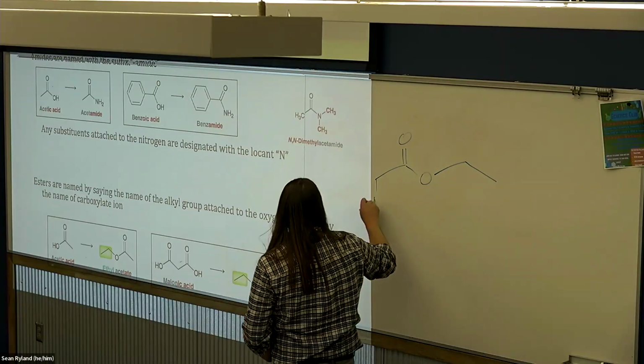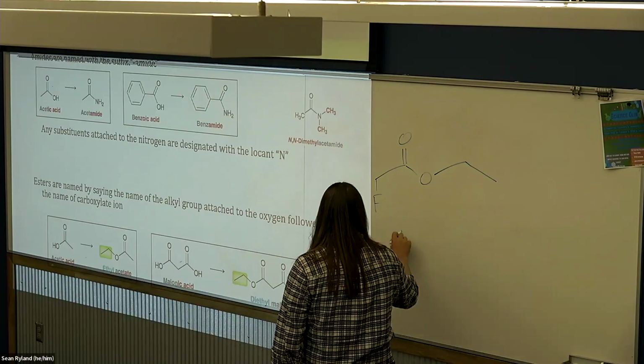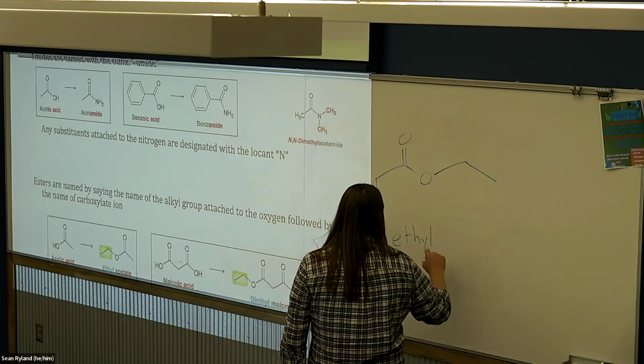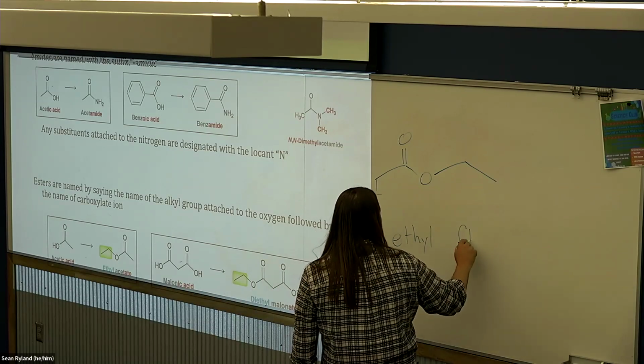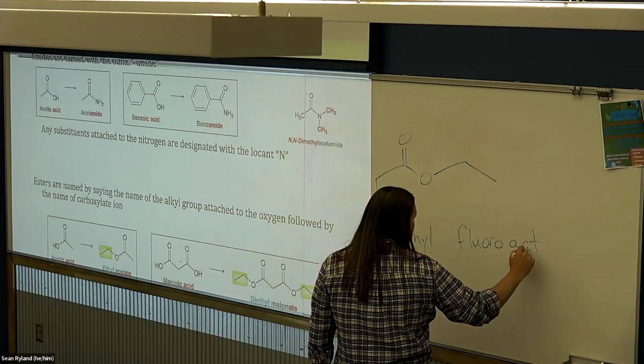So again, if there was a fluorine attached here, it would be ethyl space fluoroacetate.